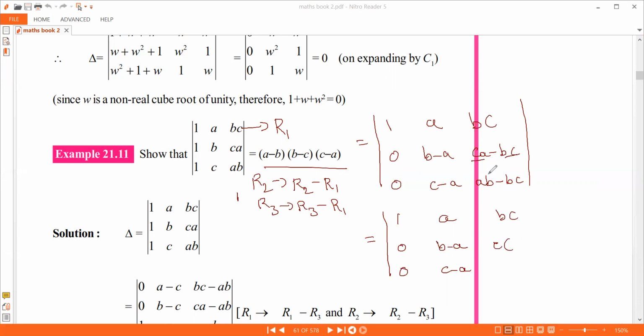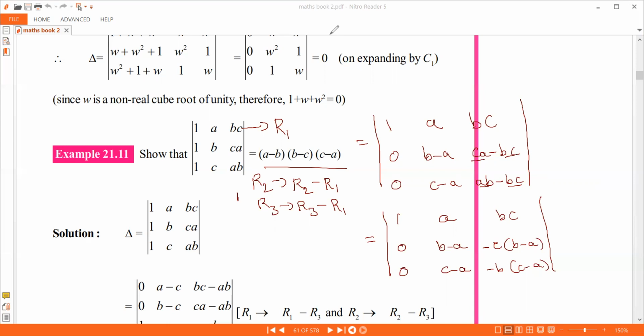C is common, so I will take minus C. Minus A, if I take B minus A, I will get this. And here, out of these two terms, B is common. I will take minus B. I will get C minus A. I will tell you why I will do it like this. I have taken minus C and minus B.